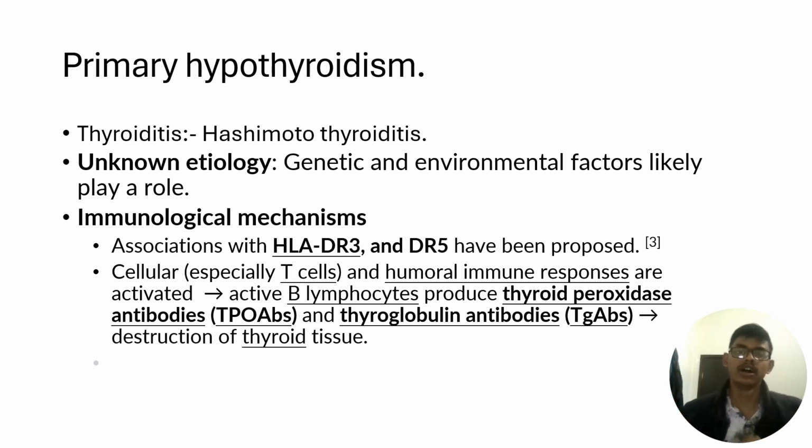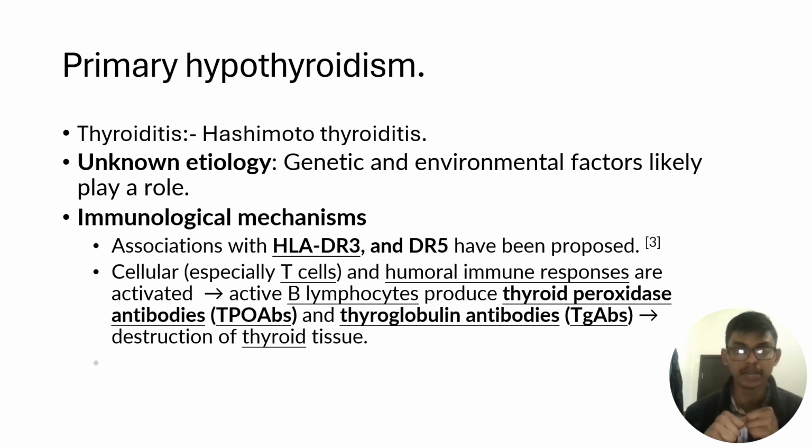So guys, now let us talk about Hashimoto thyroiditis. The cause of this disease is unknown, but genetic and environmental factors likely play a role, and the mechanism involves associations like HLA-DR3 and HLA-DR5.